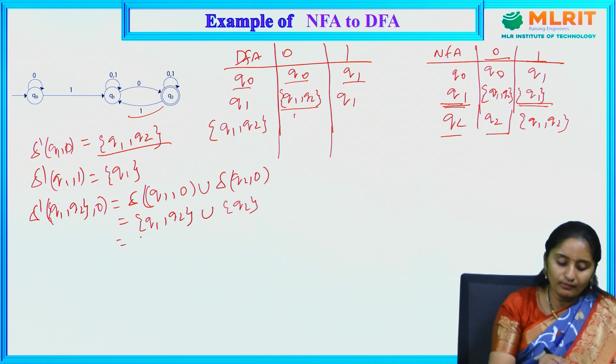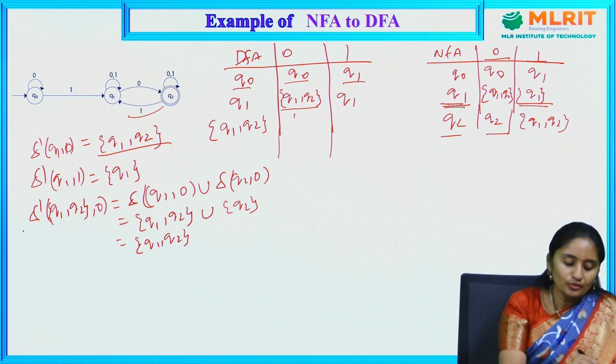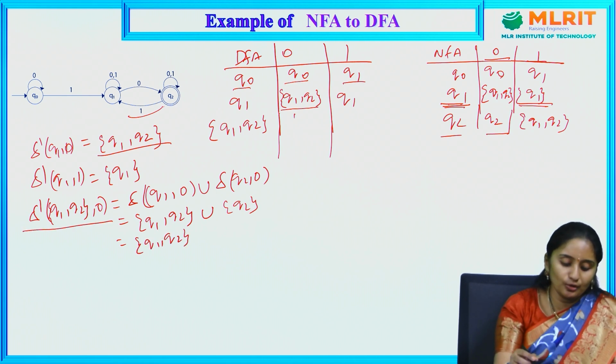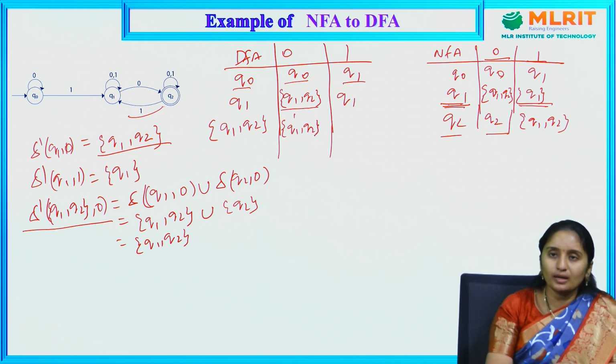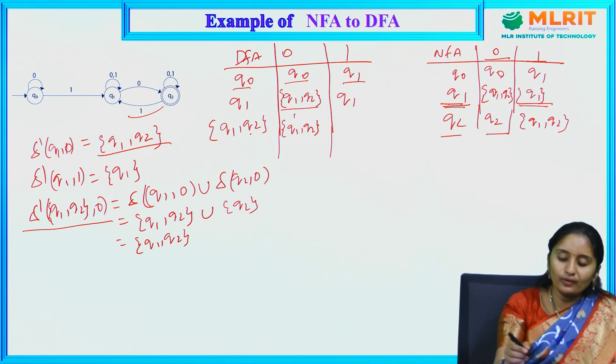So what I have here is Q1, Q2, Q2, but what is common is Q1, Q2. So delta dash of Q1, Q2 on 0 input gives me Q1, Q2. Now we need to find for 1.